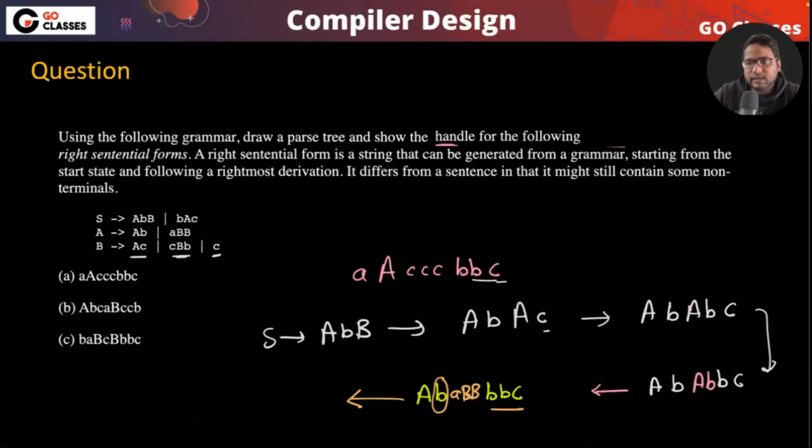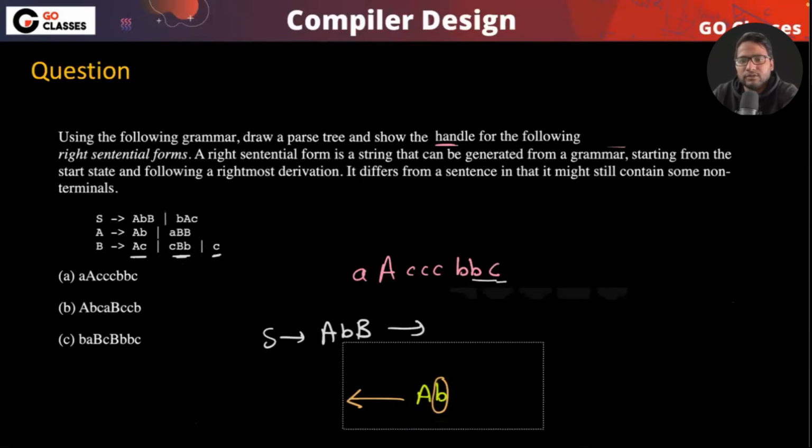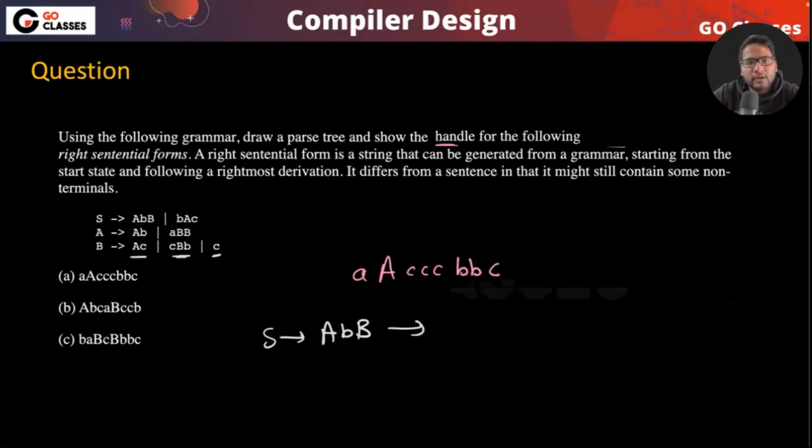It seems that there is something wrong that we did. Because it is not generating the right sentence form that we need, instead of this, if this B goes to AC, then that was not a good case. So let's see if this B is directly generating C.